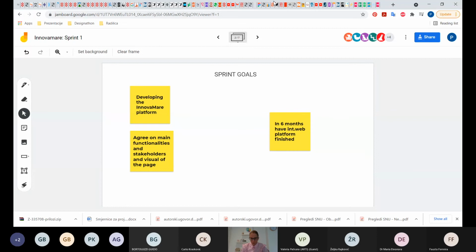As far as I understood, and do correct me if I'm wrong, the intention is not to have the platform as a project management tool. It should help projects that are rolling and some projects to get to roll. But you will also be using Monday, for instance, or other project management tools anyhow for the projects.